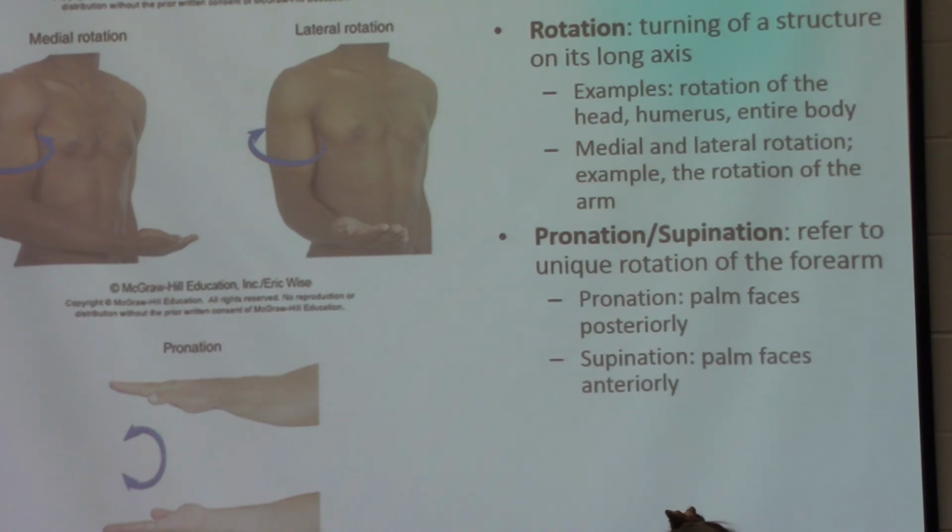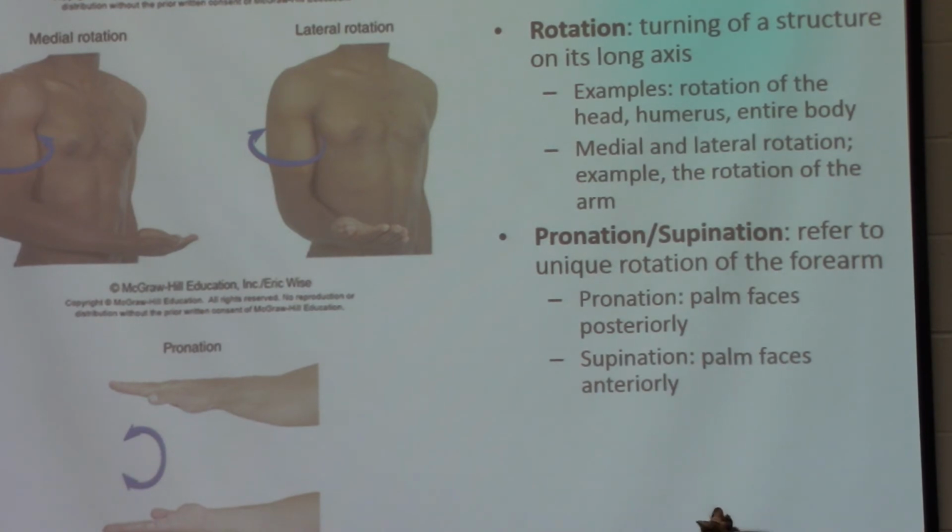Then pronation and supination are the two which are related to prone position and supine position. So supine position is on your back, on your spine, and pronation is when you are basically face down. Those two positions are anatomical positions, and you rotate away from there.